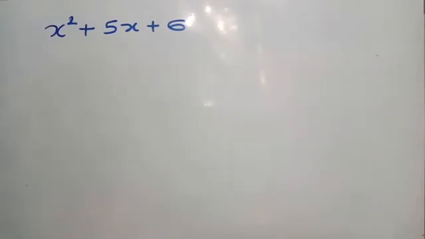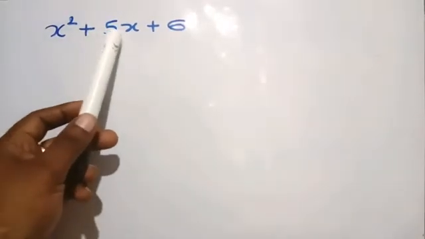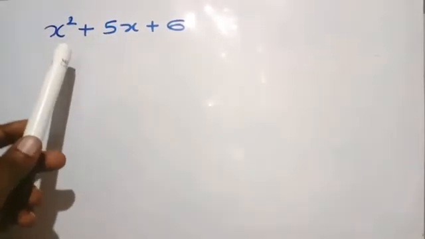Okay, that means we have to make it as the product of two binomial factors. Let's see how to do this. Remember in the previous question what we have done. We split the middle term as plus 3 plus 4.